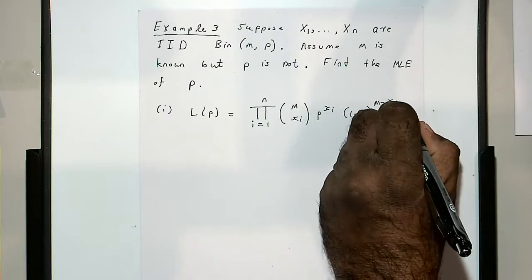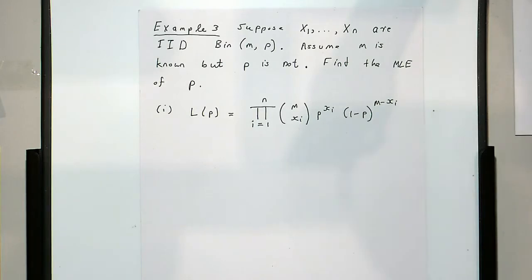I mean, if you don't remember this, there is a link here. I'll show you the link. If you go to the top of the page, you see there's this link here. You can click on it, and it will tell you. This is the probability mass function of the binomial, right?